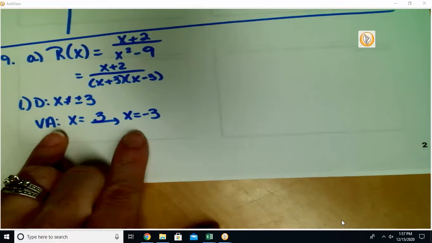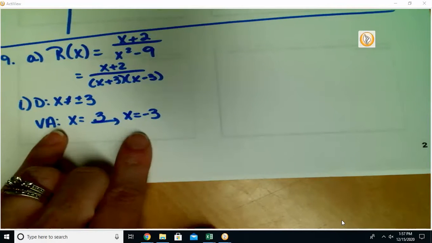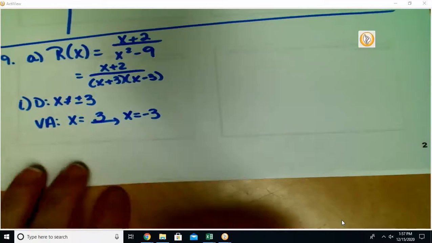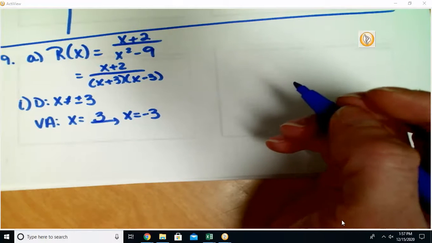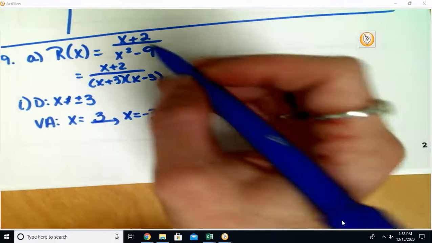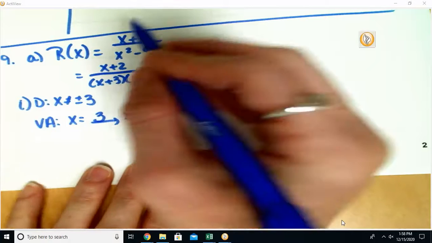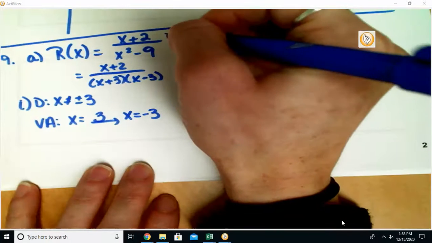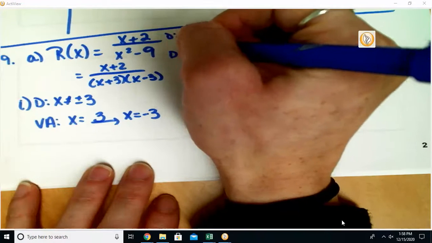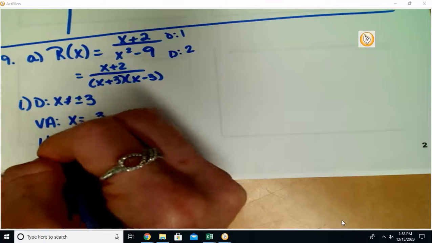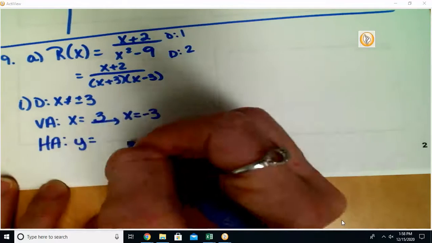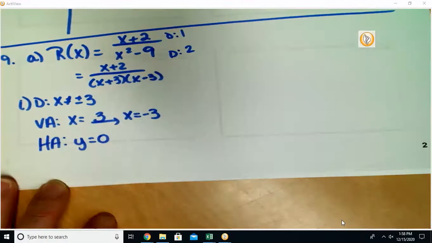The vertical asymptote is x equals and the domain is saying x can't be those. Now we have to decide horizontal or oblique, and that's based off the degree. The degree of the top is 1. The degree of the bottom is 2. If the top has a smaller degree, it's horizontal y equals 0.